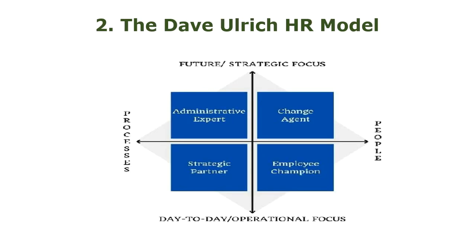Now the second one is the Dave Ulrich HR model. Dave Ulrich is a renowned HR thought leader, and his HR model came into being in 1996 to streamline HR operations in large organizations. Ulrich proposed to change the structure of HR functions by dividing human resource management into roles.